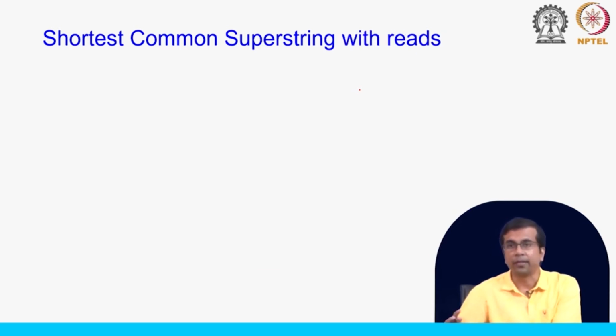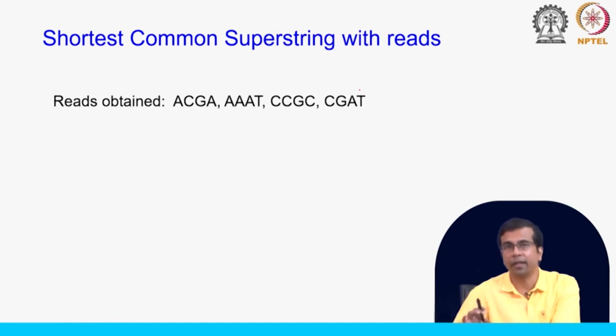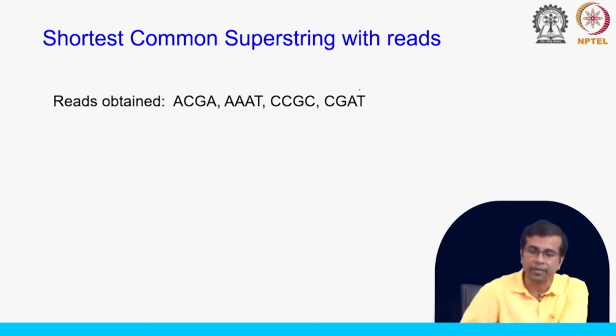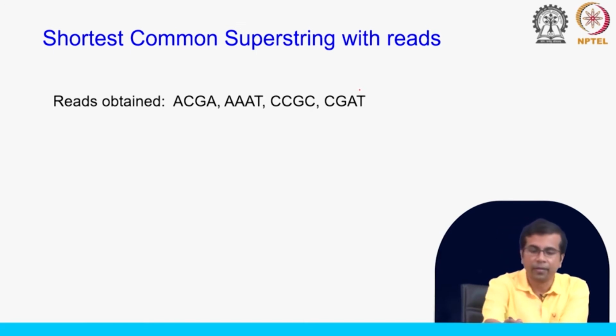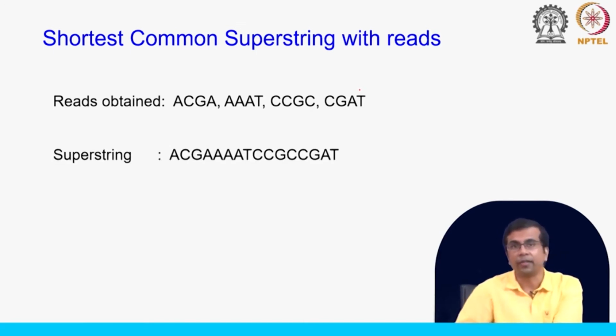So, let us now go into the shortest common superstring with reads. Let us again take a very simple example with 4 reads, each of length 4 bases: ACGA, CCGC, CGAT and so on. The superstring, if we just define it, we can concatenate, putting one after another. What will be the shortest common superstring?